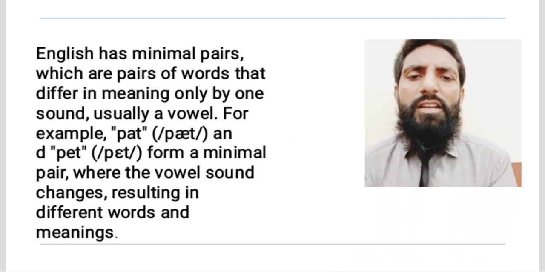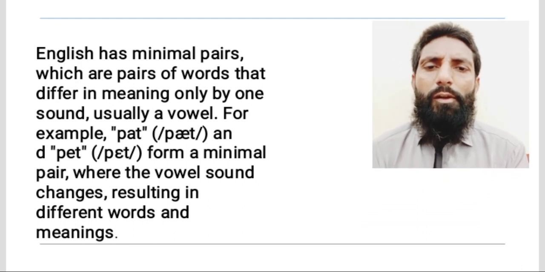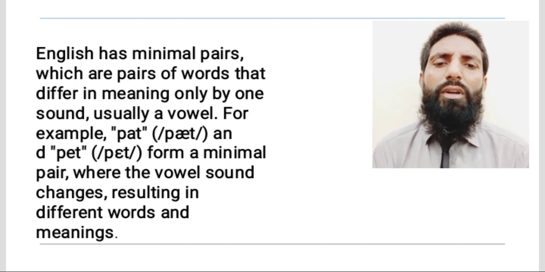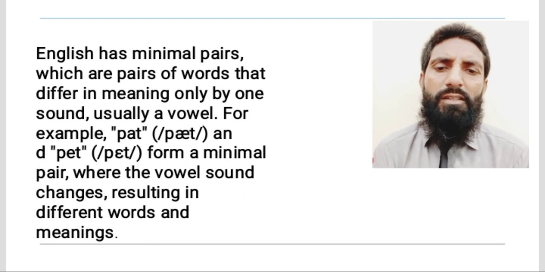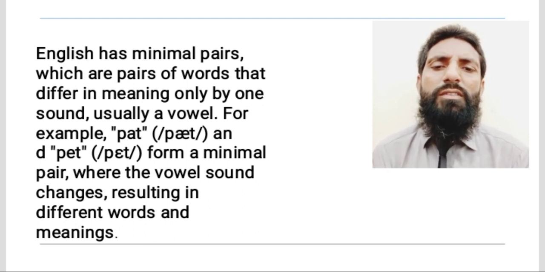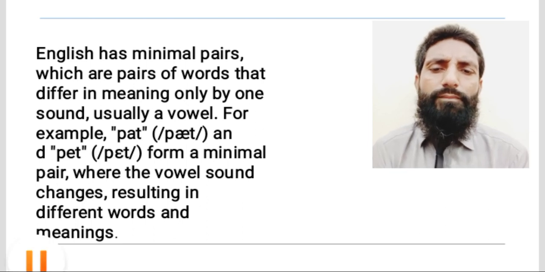English has minimal pairs, which are pairs of words that differ in meaning only by sound. Usually it is a vowel, for example, pad and pod form a minimal pair, where the vowel sound changes, resulting in different words and meanings. Here there is an obvious change.